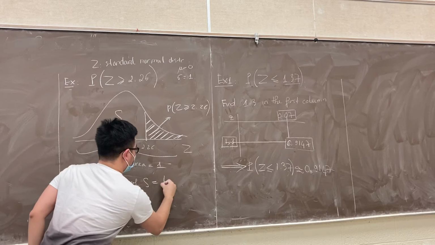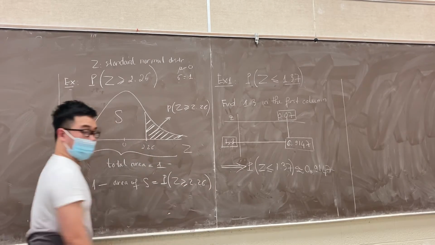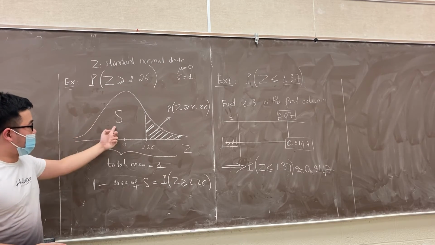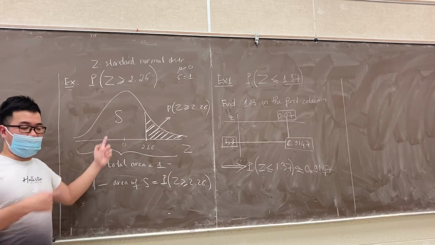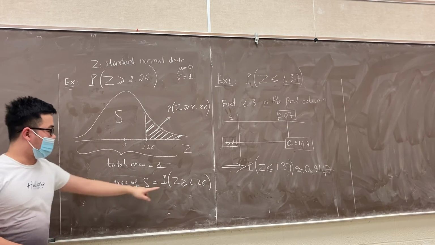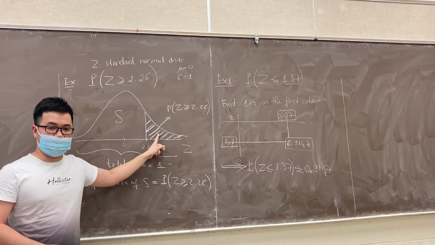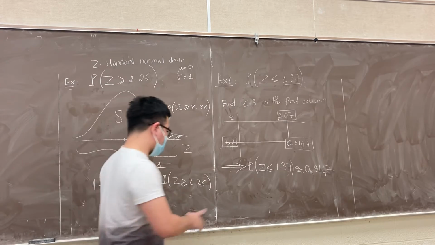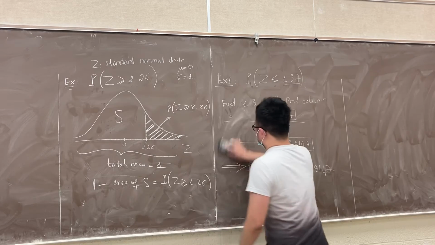And so we have the probability of this guy, right? So we only focus on how to calculate the area of this region. That is the first step. And after that, we will use this property to find the probability of Z of this one. Okay, is it clear? Is the idea clear? So now I will proceed to calculate this.